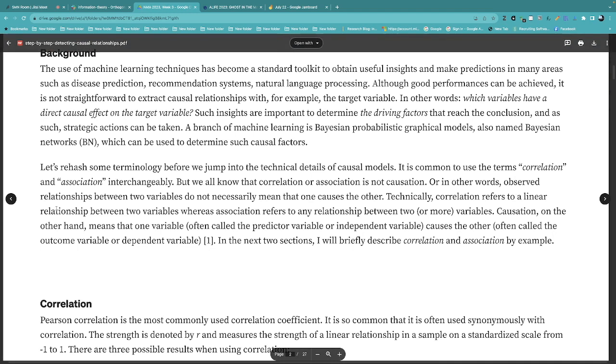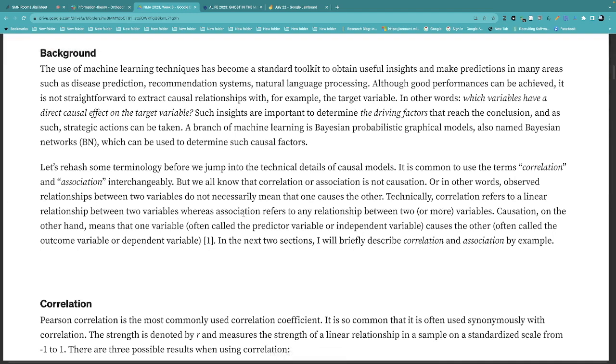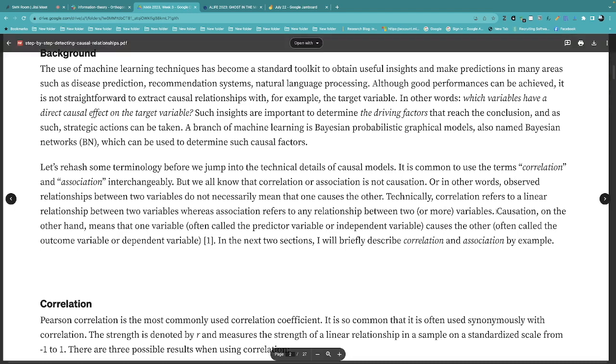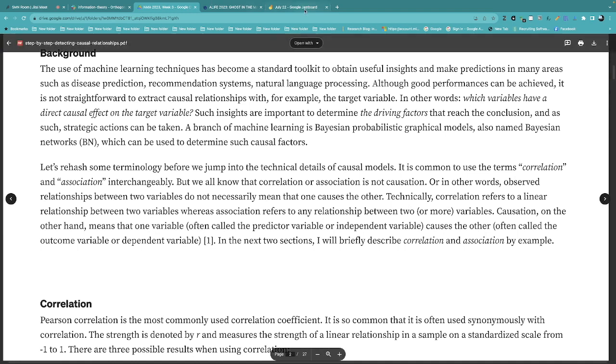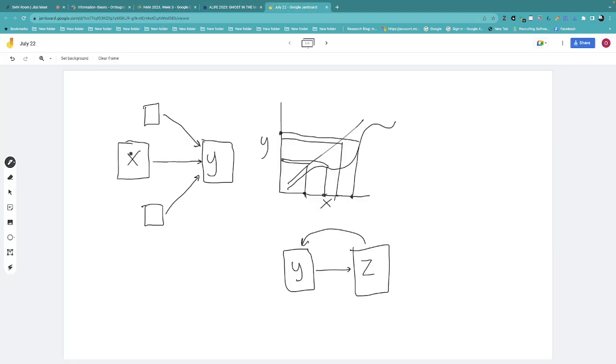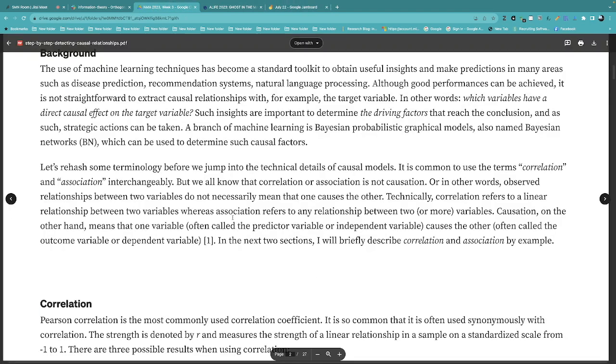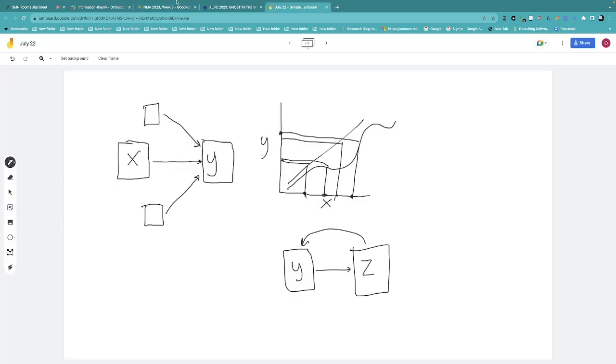Correlation refers to a linear relationship between two variables, whereas association refers to any relationship between two or more variables. But causation means that one variable, often called the predictor variable or independent variable, which is x in this diagram, causes the other, often called the outcome variable or the dependent variable, which is y.